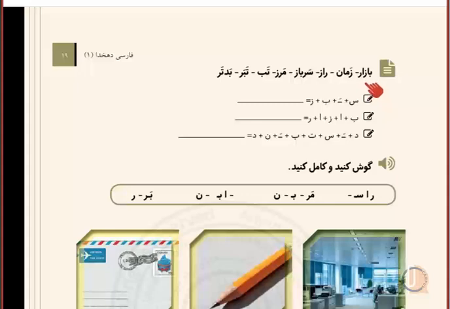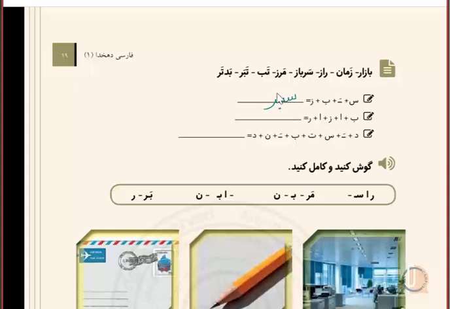Okay, once again. Bazar, zaman, raz, sarbaz, marz, tab, tabar, badtar. Put the sounds together to make a word. We have sabz.